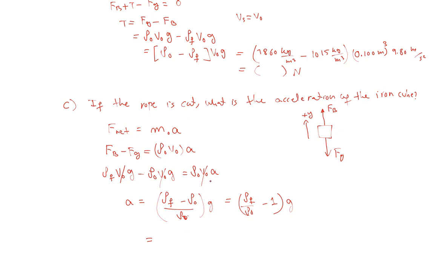So let's plug in the numbers. Density of the fluid, which is water, is 1015 kilogram per meter cubed. In this equation, it actually does not matter which units I use for density because it's a ratio of the densities and the units are going to cancel anyways. So if you are given grams or some other units, you wouldn't need to convert the units if you were asked for acceleration.